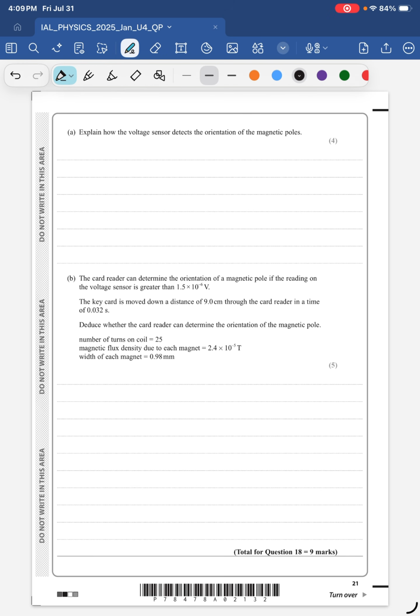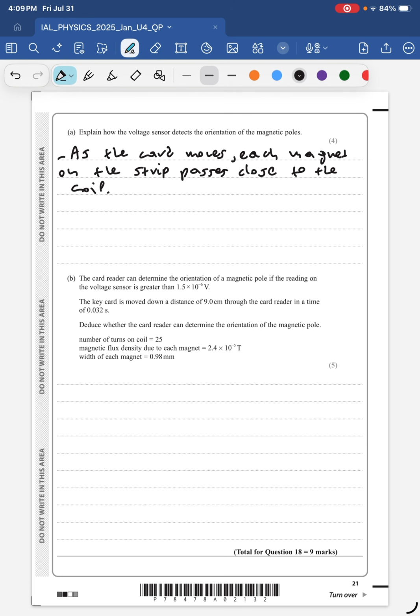Part A. Explain how the voltage sensor detects the orientation of the magnetic poles. So this is another writing problem that awards 4 marks, so you have to provide about 4 sentences. That's the rule. As the card moves, each magnet on the strip passes close to the coil. This changes the magnetic flux passing through the coil.